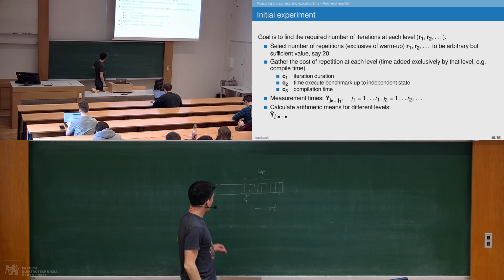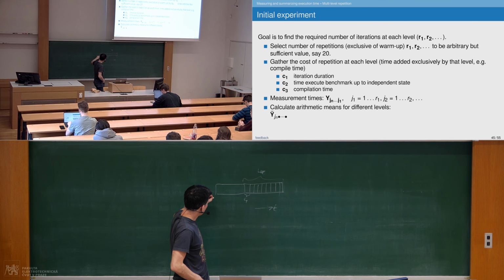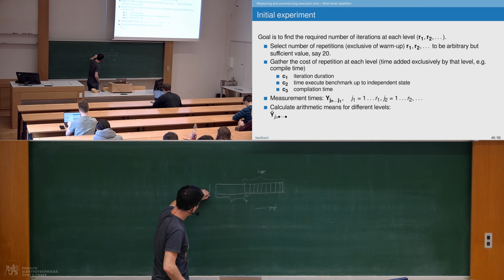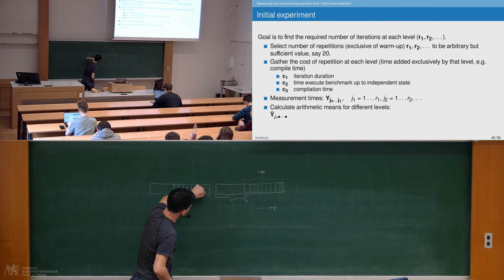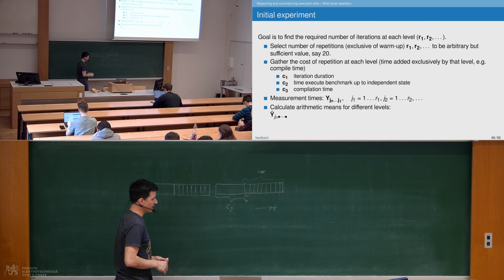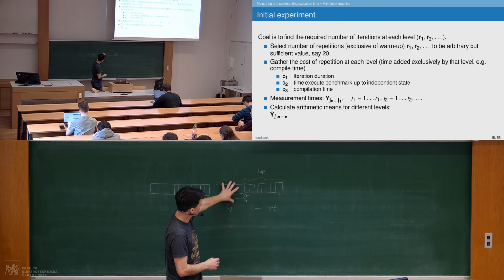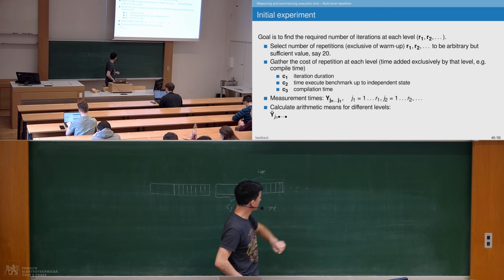So to execute, your program will execute some initialization and then your loop that you are measuring. So this is the second level of repetition. If you just repeat those multiple executions, you will always have this initialization and then those iterations. So whenever you repeat the execution, the cost for you, the time spent by re-executing your program, will be just this. And then you can just repeat the executions.